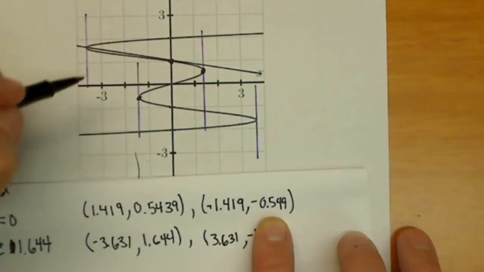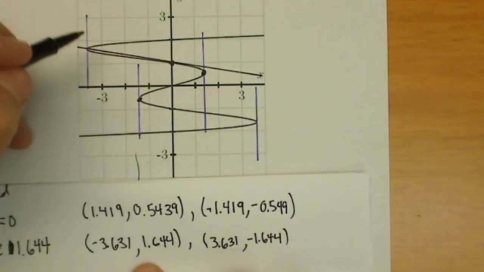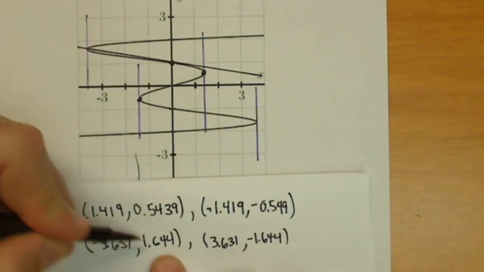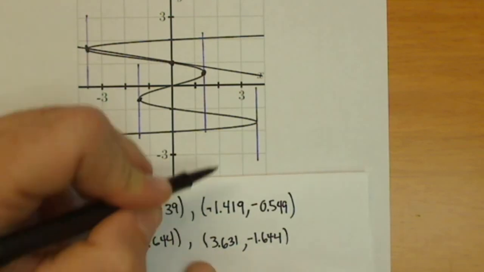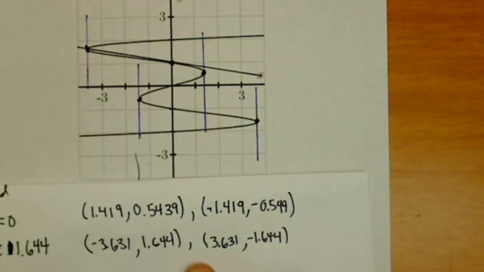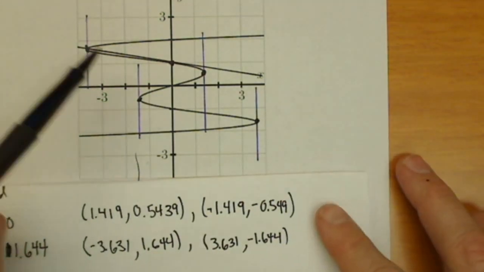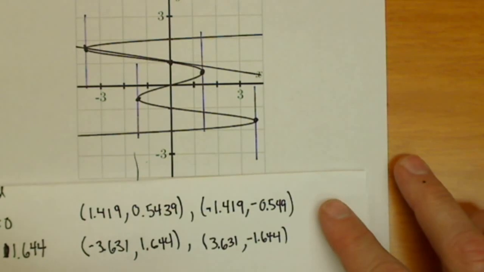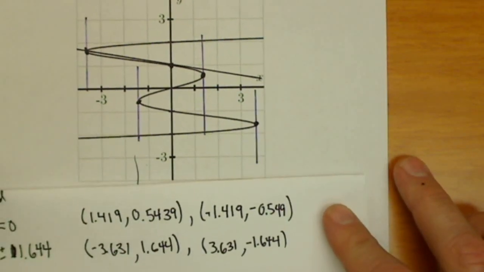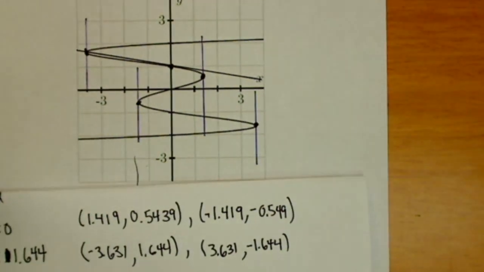So those are nice and symmetric. And finally, negative 3.6 and 1.6, we see that one, and positive 3.6 and negative 1.6. Notice we have a function with odd symmetry as well. So that's how we can find places where there's a vertical tangent: we're looking for where the slope is undefined.